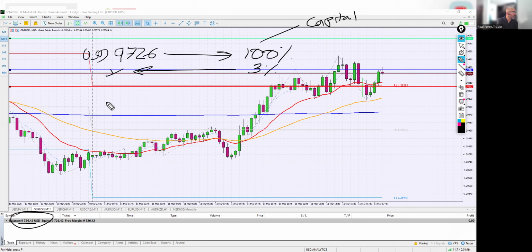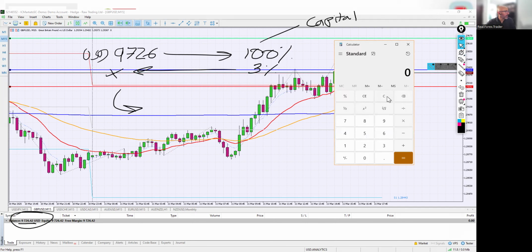So that trade in my stop loss, because that is how I have to understand it, my stop loss has to be that 3%. It is the maximum that I am allowed to lose if the trade goes against me. So let's see how it would eventually be. It is basically 9,726 times 3 divided by 100.